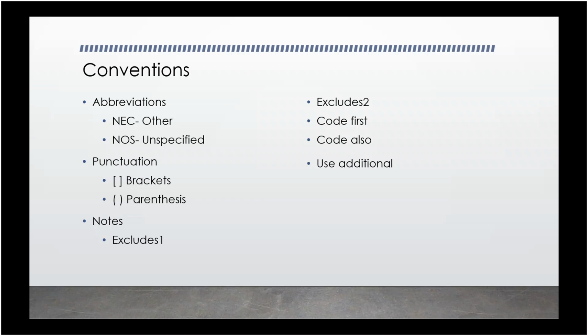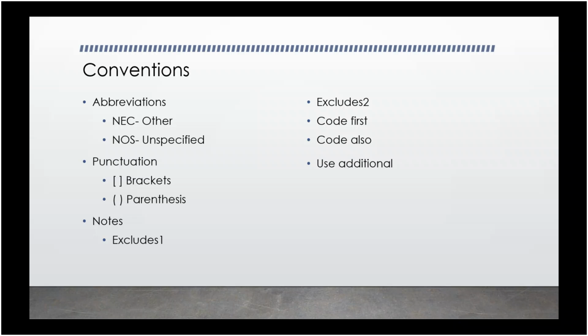Use additional code, that's just telling us we need additional information. The code that we're looking at isn't complete in its documentation. A lot of times this comes with an organism, or when we're trying to get more specific, such as additional specifics of a coronary disease.